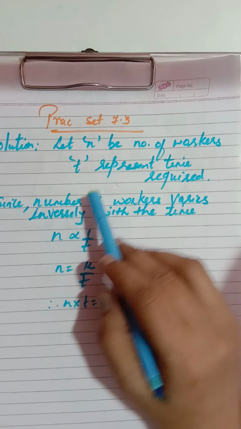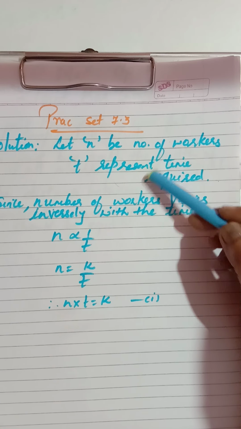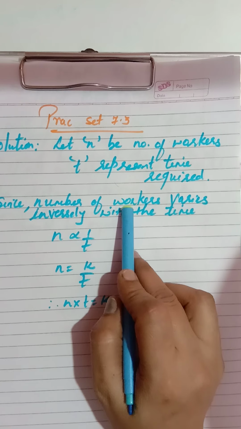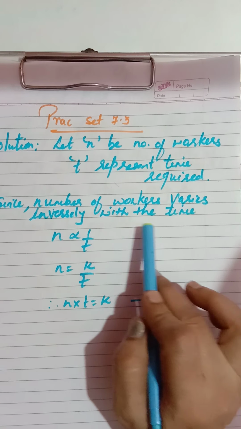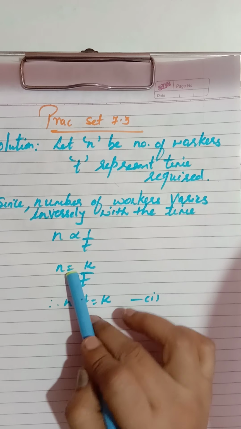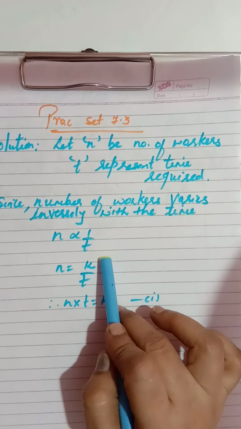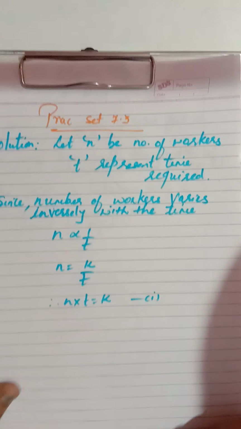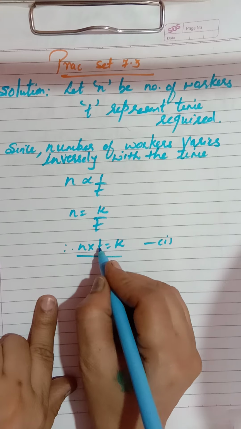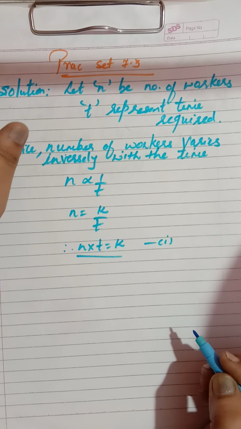Now we know that as the number of workers increases, the number of hours will decrease. So this is a type of inverse variation. The number of workers varies inversely with the time, which we can write in symbols as n is inversely proportional to 1 upon t. So n = k/t, n × t = k. As we have done in the previous sum, it is the same.